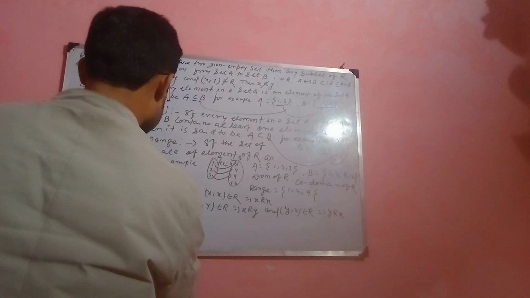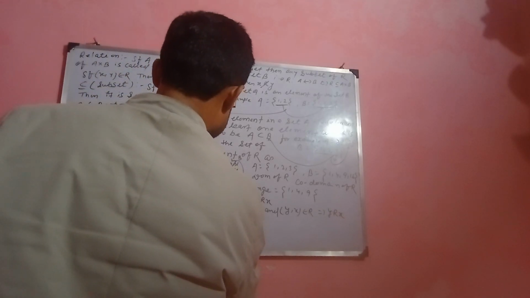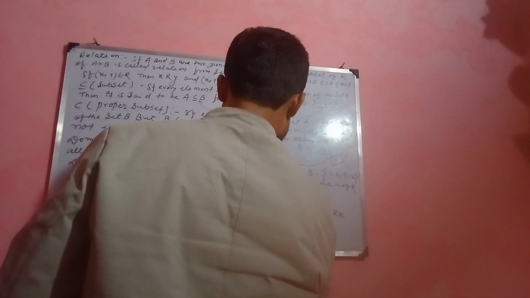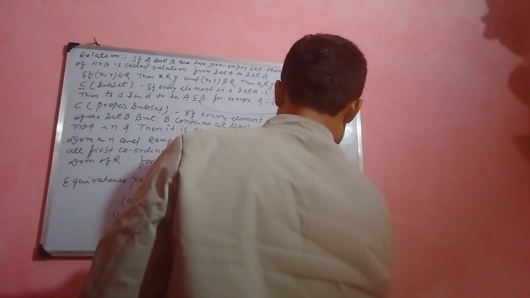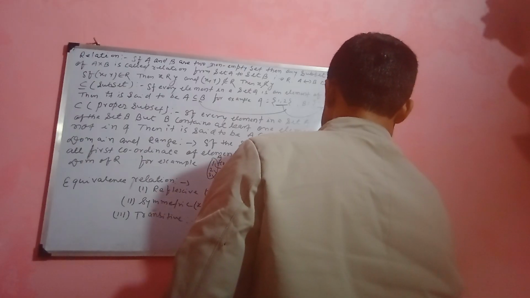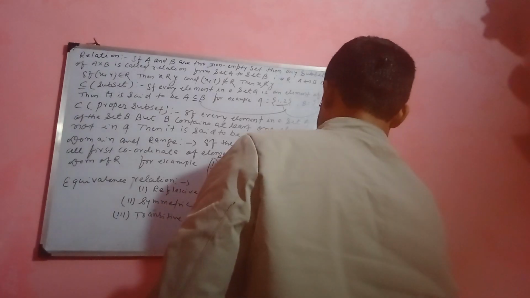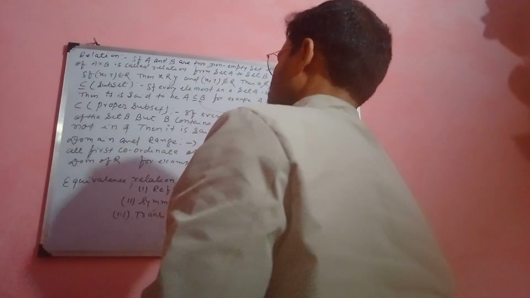Third condition, transitive: (x, y) belongs to R implies x is related to y, (y, z) belongs to R implies y is related to z, which implies (x, z) belongs to R, implies x is related to z.